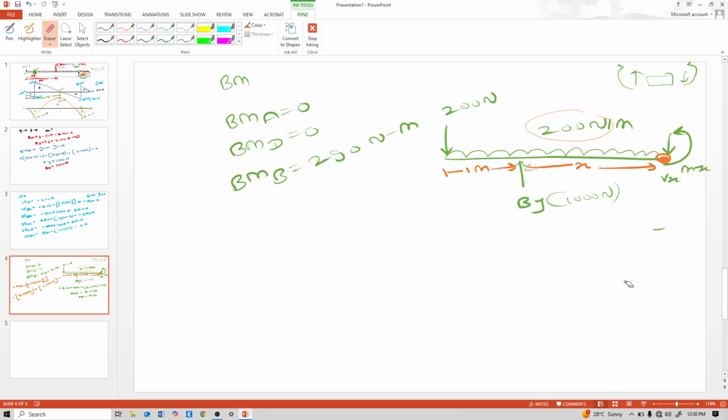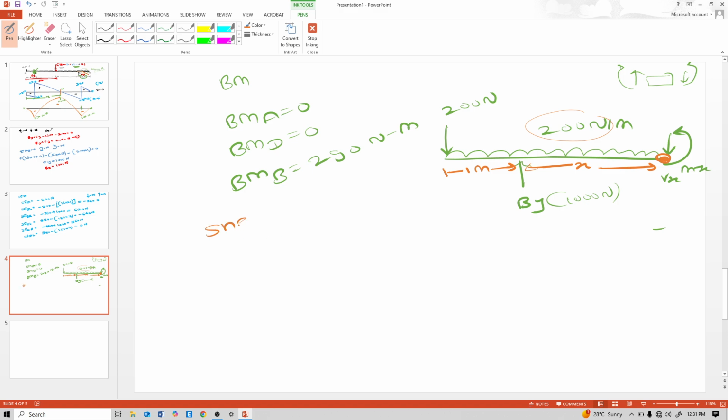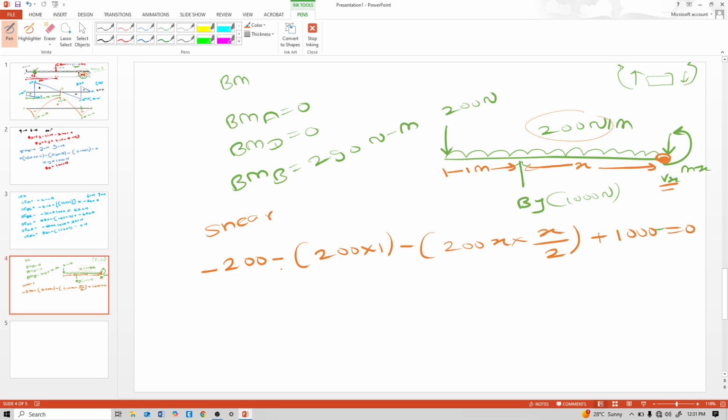For shear calculation, take shear at this Vx equal to 0. So minus 200, minus 200 into 1, minus 200 into x by 2, and plus By is 1000 equal to 0.